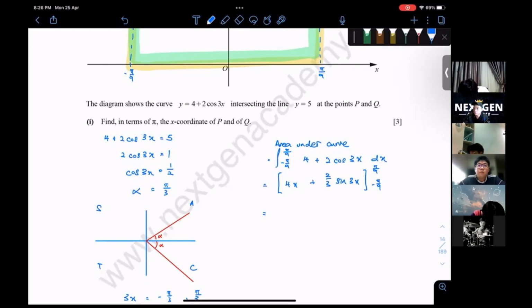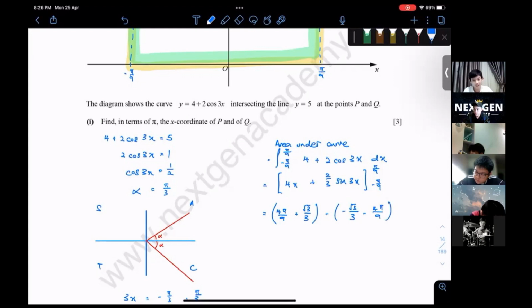I'll just write the answer down. If you sub it in, you should get, let's see what's the value, 4 pi over 9 plus 3 over 3 minus negative 3 over 3 minus 4 pi over 9.